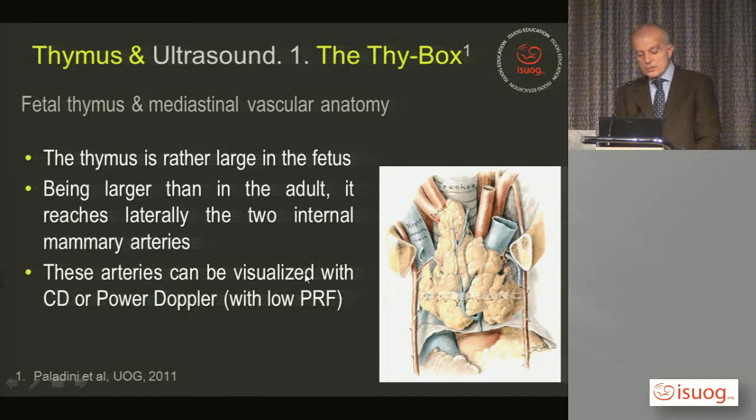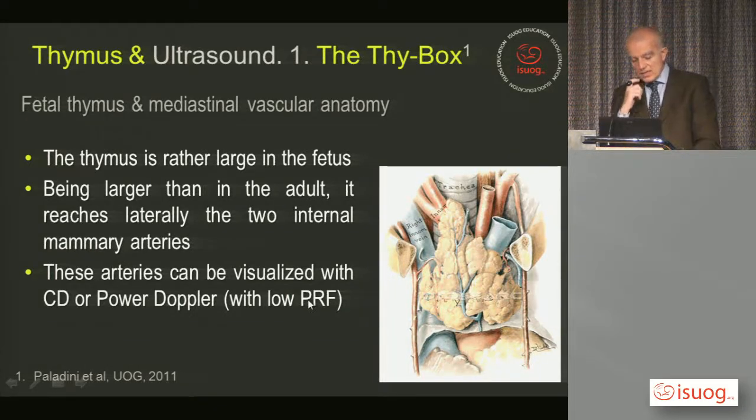So you can use these arteries to actually identify the borders of the thymus on either side. And this was the rationale of my how-to papers. This can actually be seen with color or power Doppler, both with an axial approach, because they are oblique, just below the rib cage on the sides of the sternum, so they go downwards. So you can highlight them both with an axial approach or with an oblique approach, but also with a longitudinal approach.